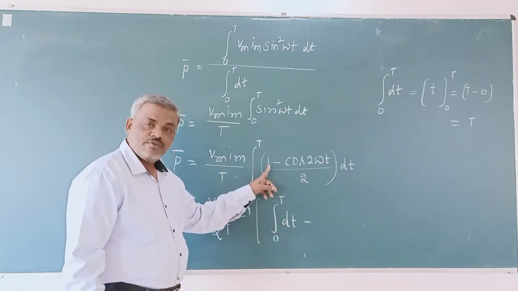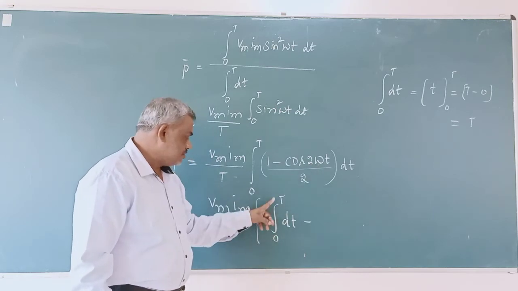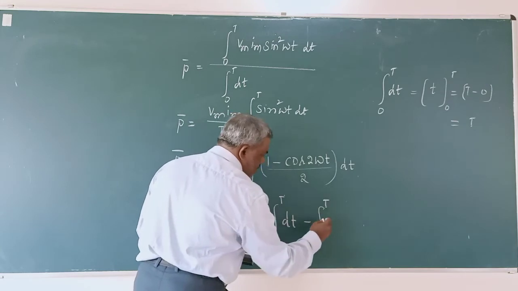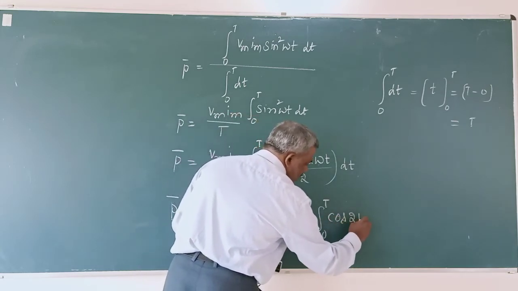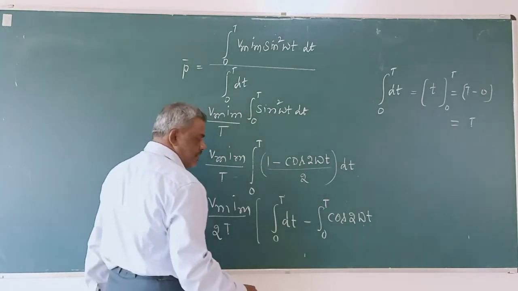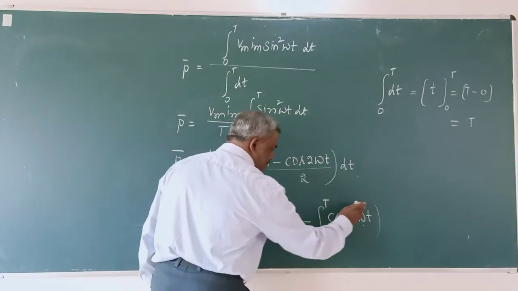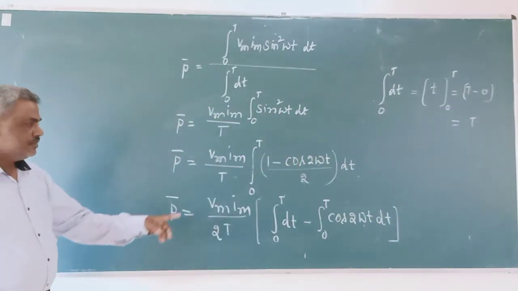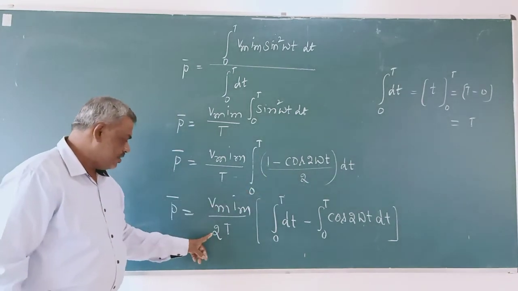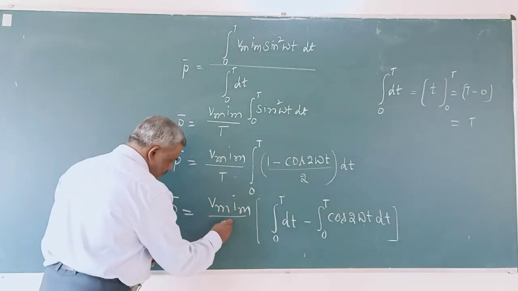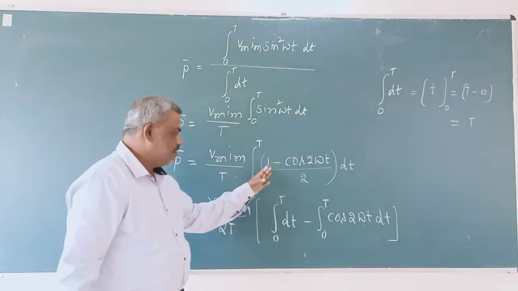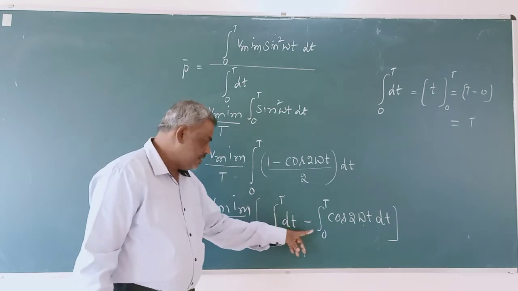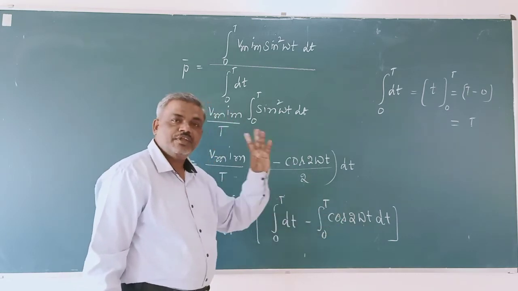After separating the two parts, integral 0 to T dt, and integral 0 to T cos 2 omega t into dt.